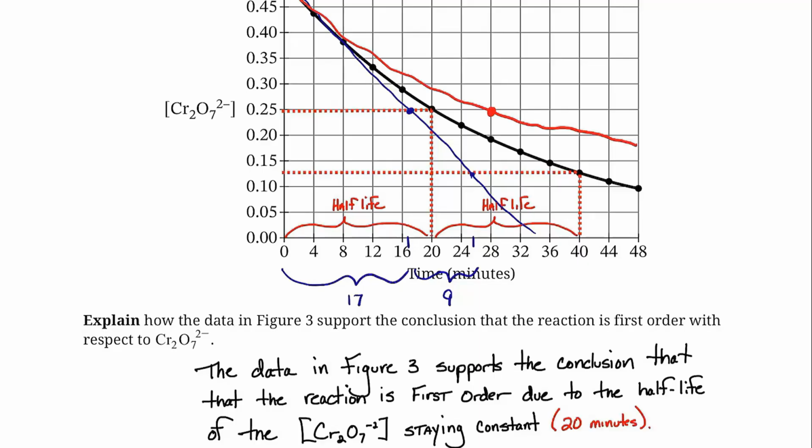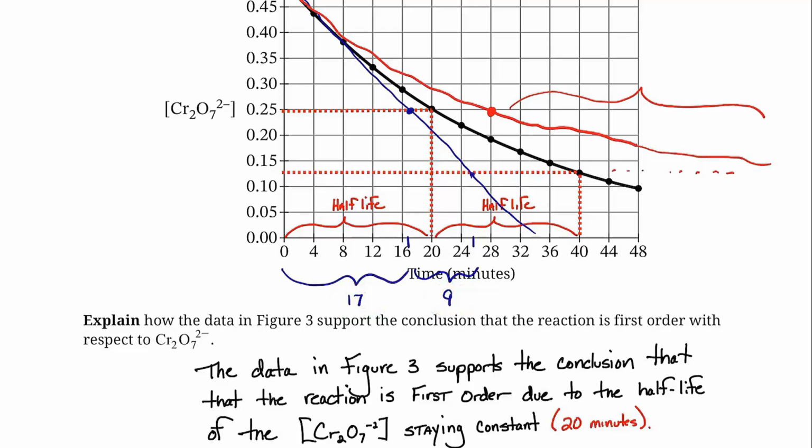And because this is leveling off, you probably could see that the next halving is going to come much, much later on, so that half-life is going to be much longer. So basically, the half-lives for first order stay constant, as we should know. For zero order, going straight down here, they get smaller, but for second order, they get larger.